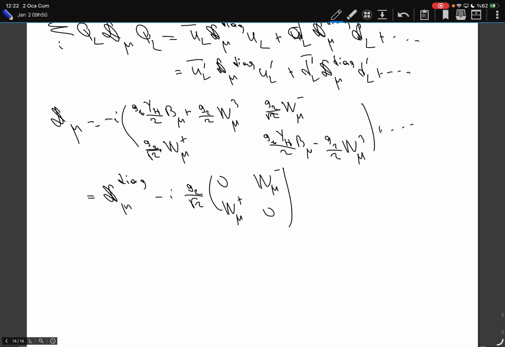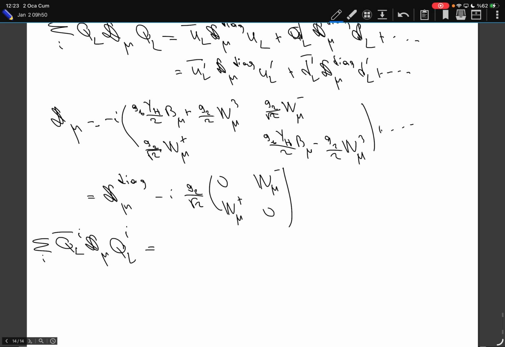So let me look at the kinetic term. I have QL bar i del mu QLi summed over all i's. These are the ones that will have this omega mu part. The right-handed particles don't have this omega mu part.